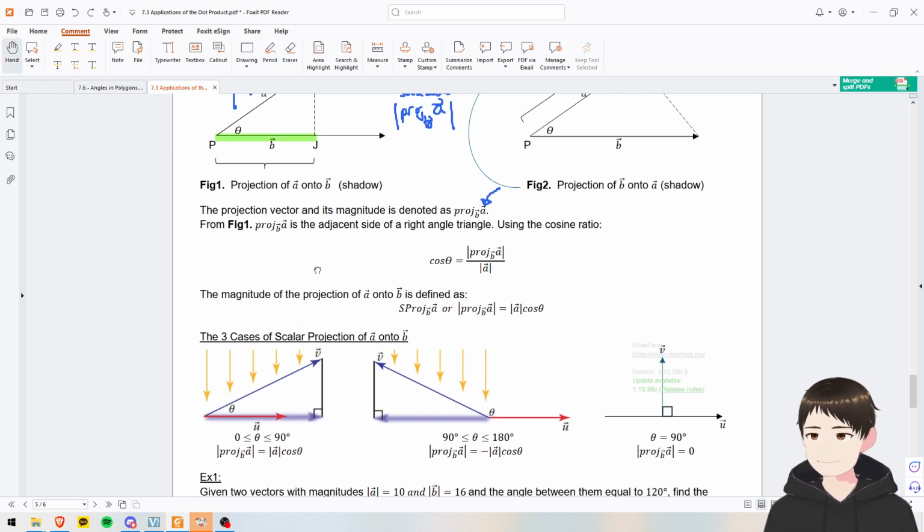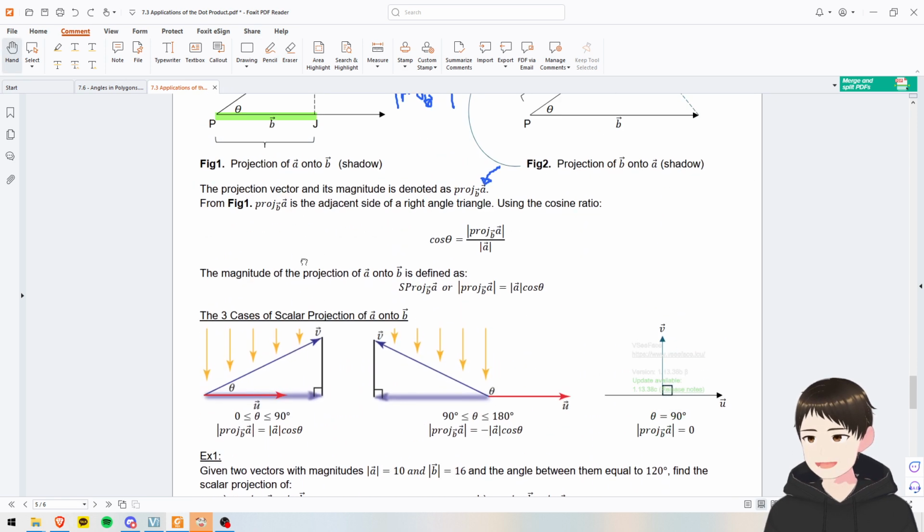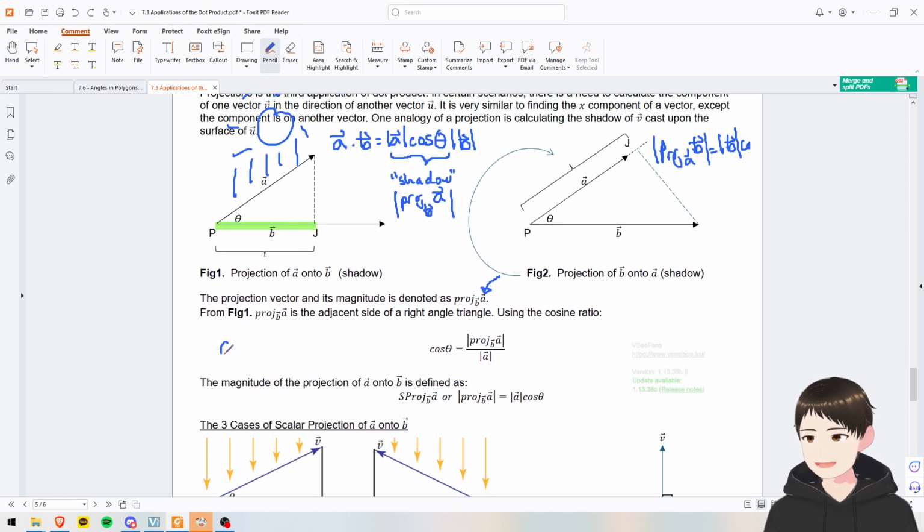Why? Well, think about this. Take a look at that triangle. Cosine of theta is equal to adjacent over hypotenuse.